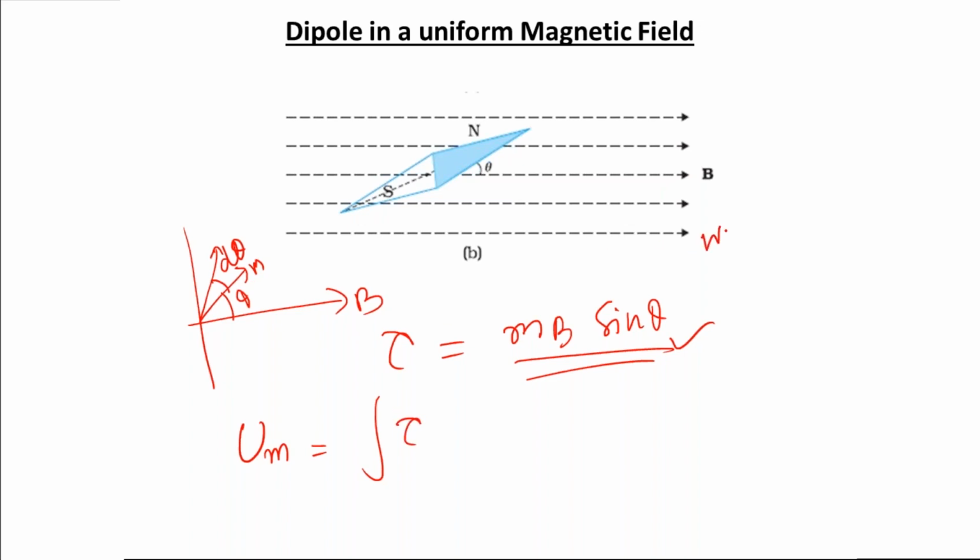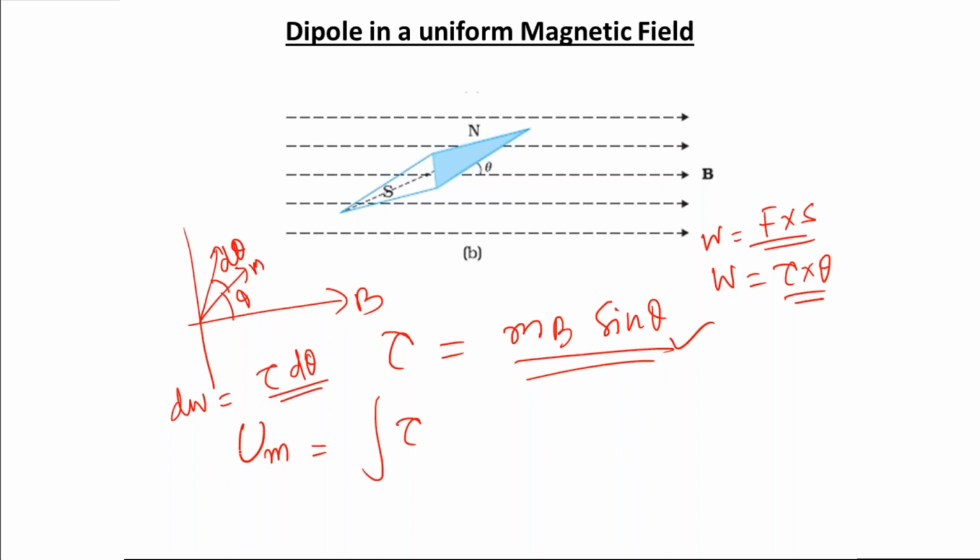Work done in linear motion is force into displacement. But in rotational motion, work done will be torque into angular displacement theta. So in this case, delta W is equal to this. This much is the work you have to do.